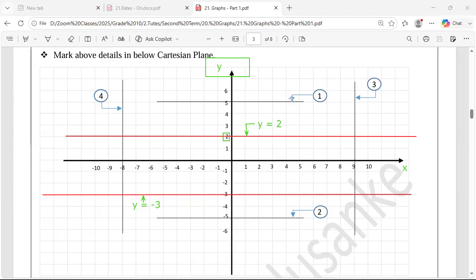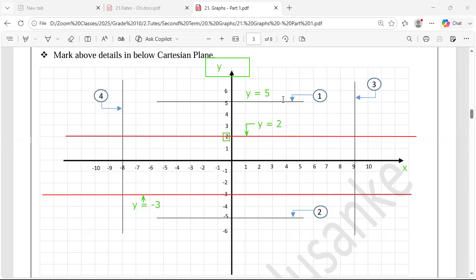This line passes through the y-axis, so the equation should begin from y equals something. This line passes through which point? A positive point. So the equation of line 1 is y equals 5.